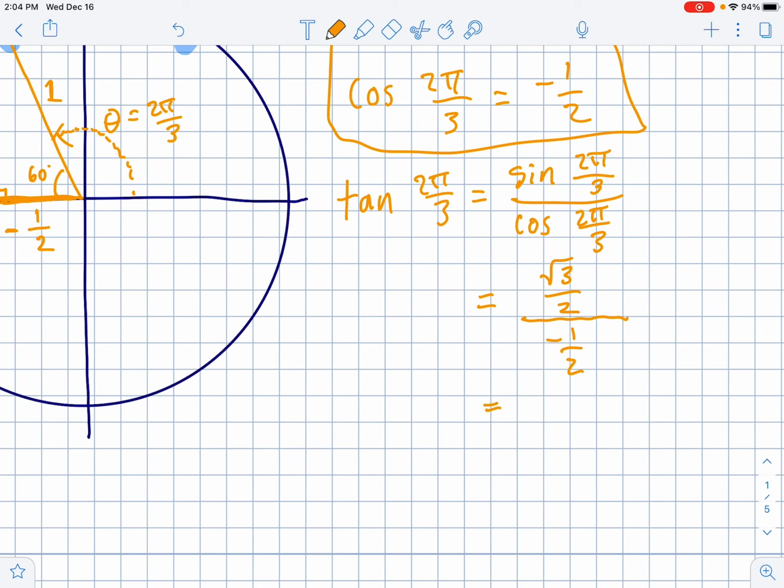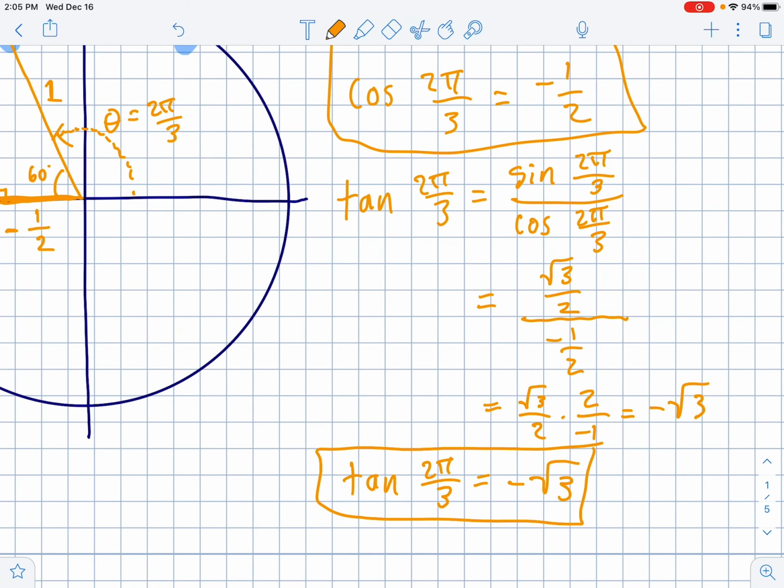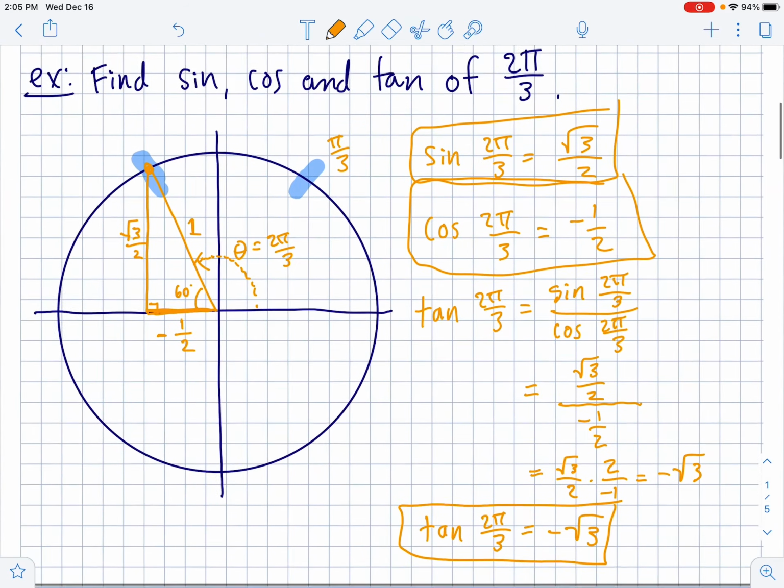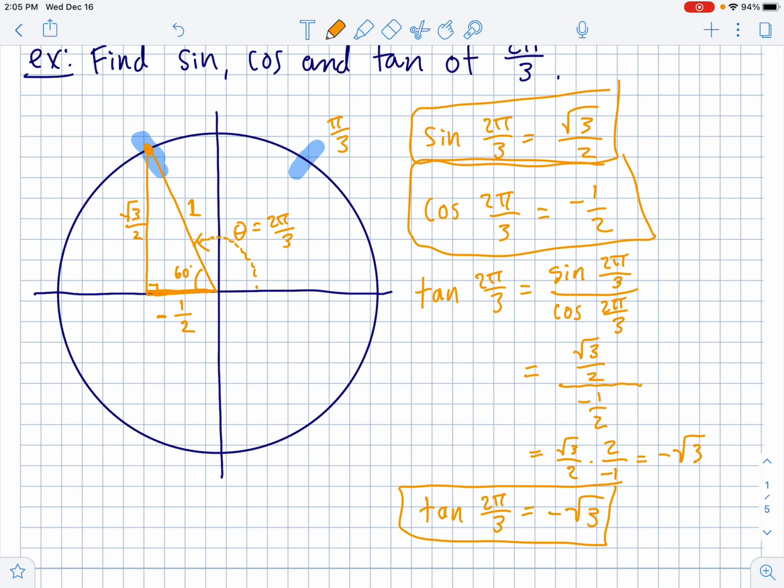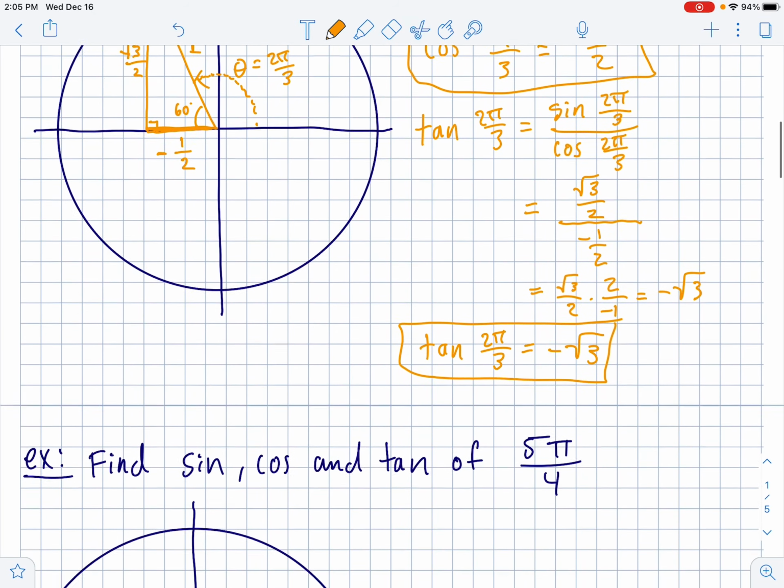Now, if you take the top and leave it the same, and then if you're dividing by a fraction, you do the old multi-flip. So you keep the top as root 3 over 2, and then multiply by 2 over negative 1. So this equals negative root 3, because the 2's cancel out. So tangent of 2 pi over 3 is equal to negative root 3. So far, so good on that one.